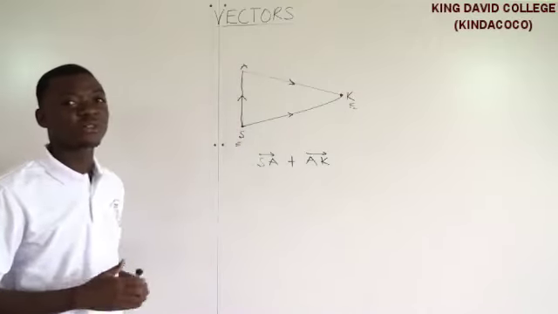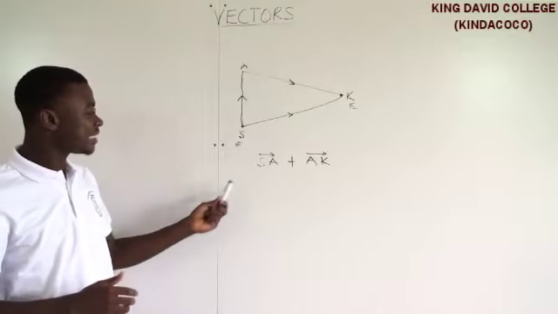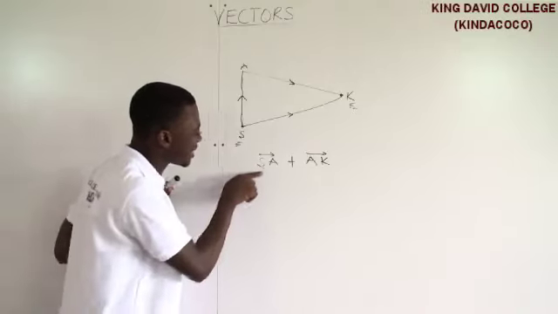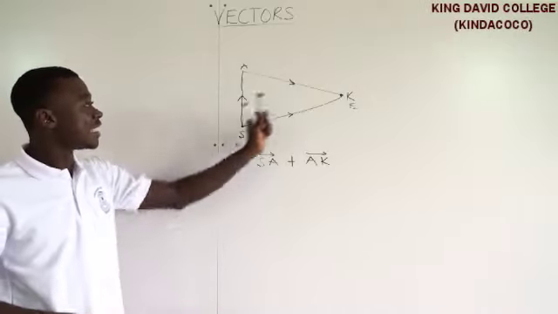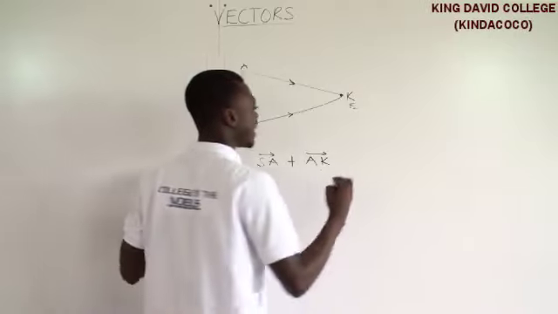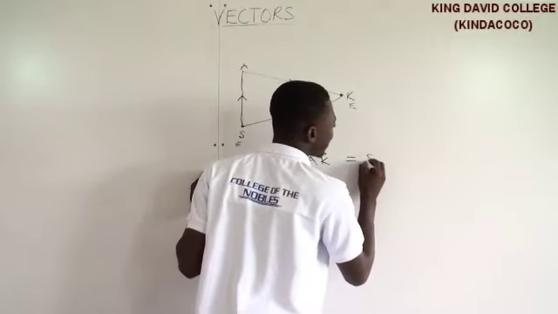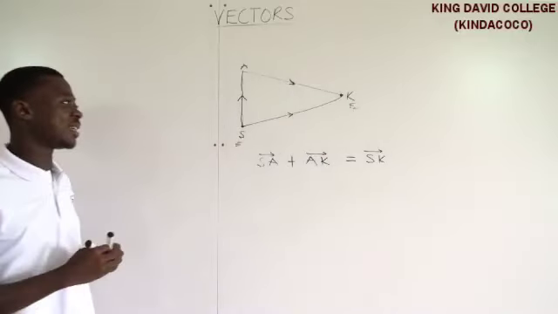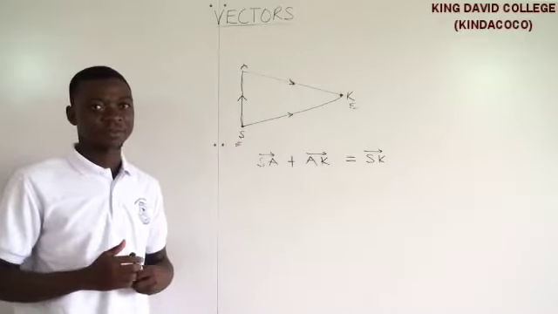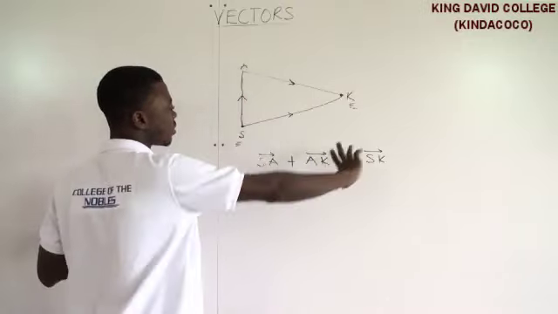This journey he took, at the end of the day, started from Somanya and ended in Kumasi. But we said that it's the same as the journey of traveling straight from Somanya to Kumasi. So this is the triangular law of vectors. So S to A plus A to K should be equal to S to K.